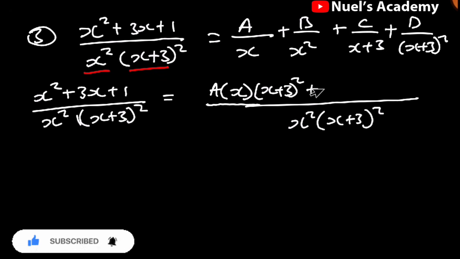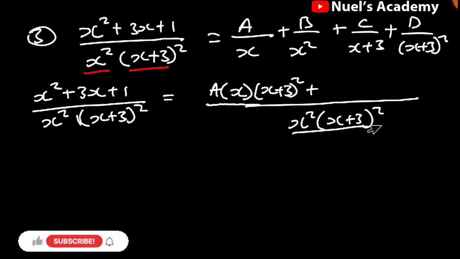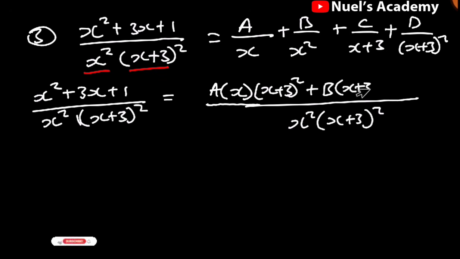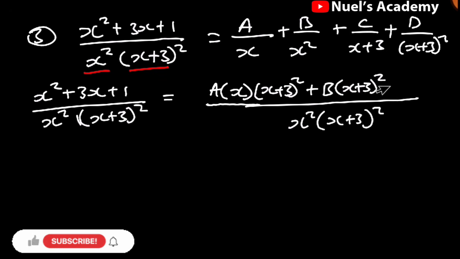So we have plus. Now the whole of this divided by this, we're going to be left with only (x plus 3) all squared. So (x plus 3) all squared multiplied by B, we're going to have B multiplied by (x plus 3) all squared. So we have plus the whole of x squared multiplied by (x plus 3) squared divided by (x plus 3).